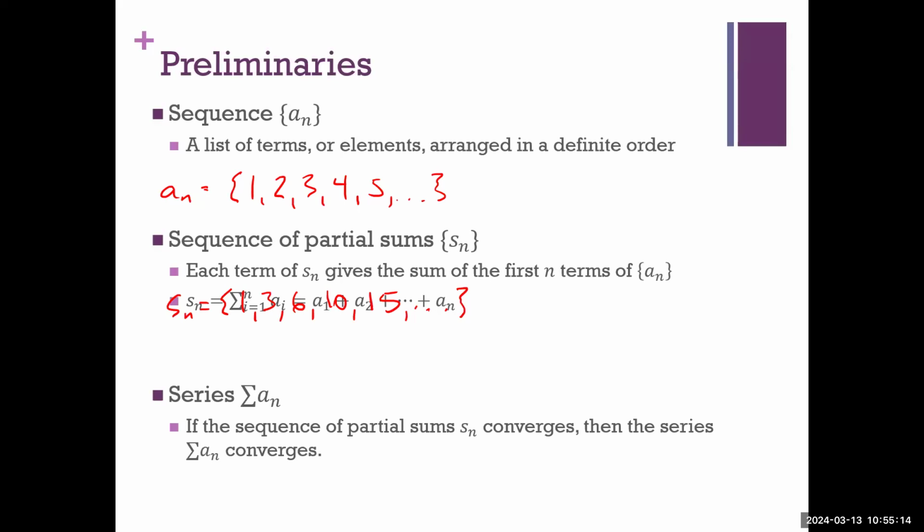It's kind of an impossible thing to think about because there's an infinite number of them, but if I add an infinite number of terms and it comes out to be a number, it converges to something finite. So we're still dealing in sequences, but now we're looking at their sums instead of just the items in them.